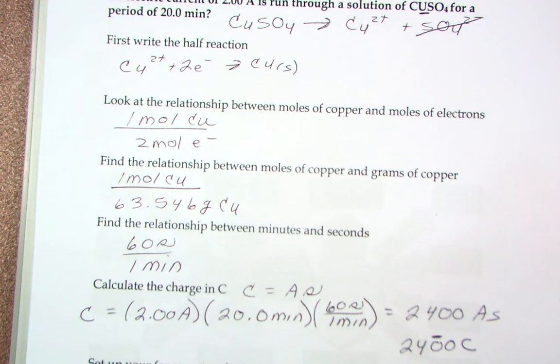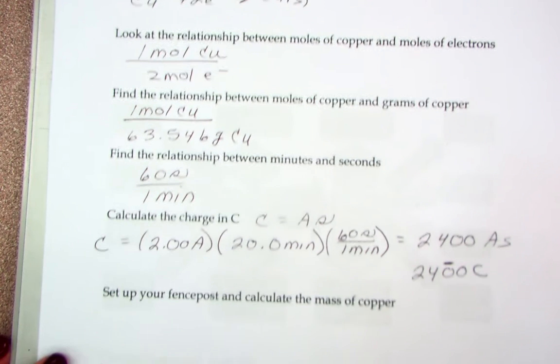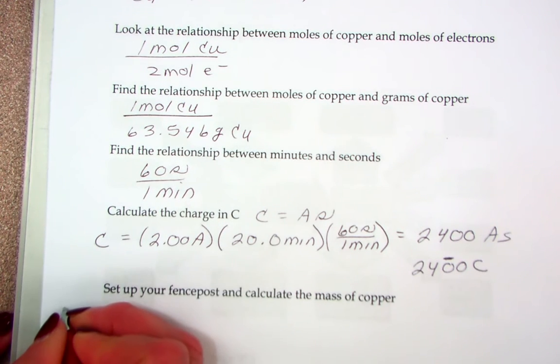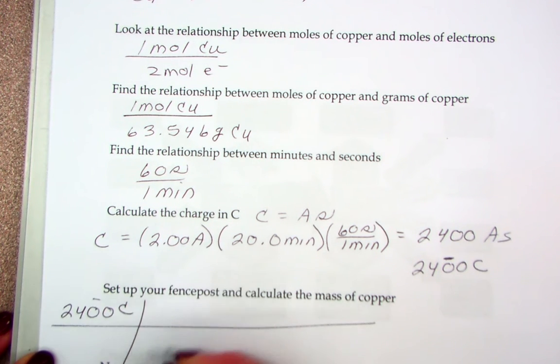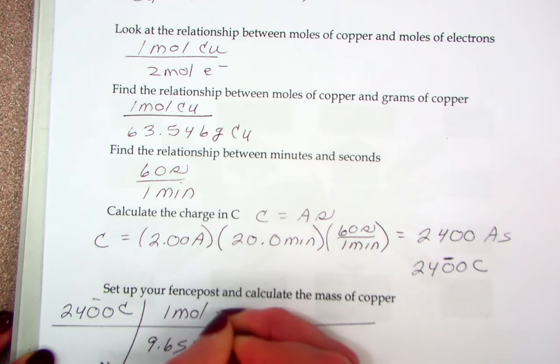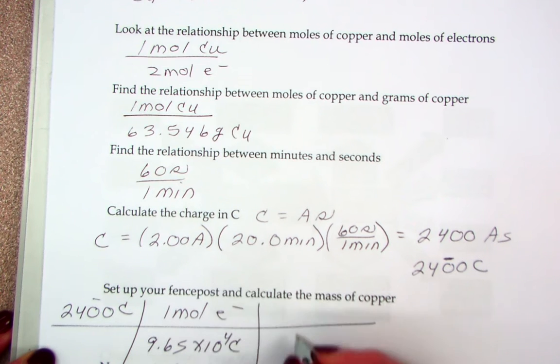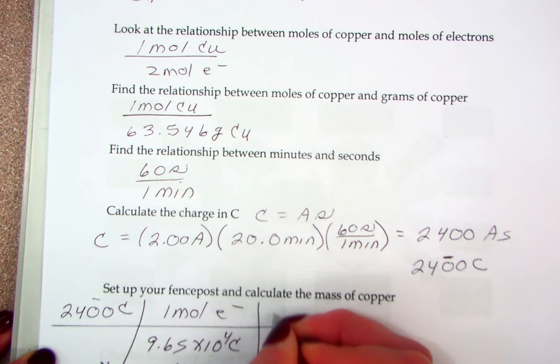Now we can relate the charge to the mass of copper doing a fence post kind of dimensional analysis, factor label, whatever you call it, calculation. I know that I have 2,400 coulombs. I know that 9.65 times 10 to the 4th coulombs generates 1 mole of electrons, so my coulombs cancel. I know that 2 moles of electrons generates 1 mole of copper.